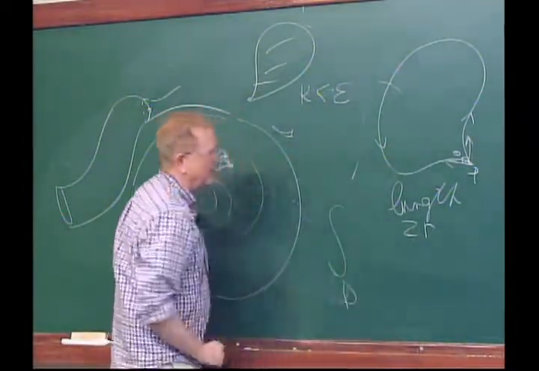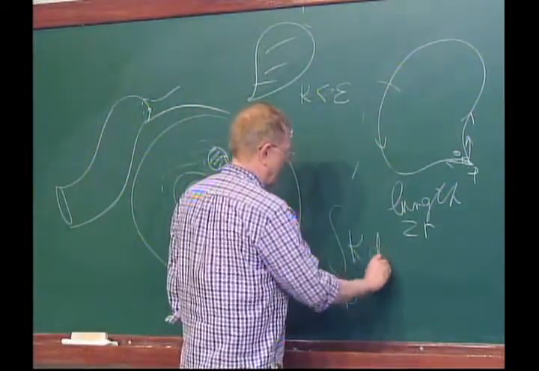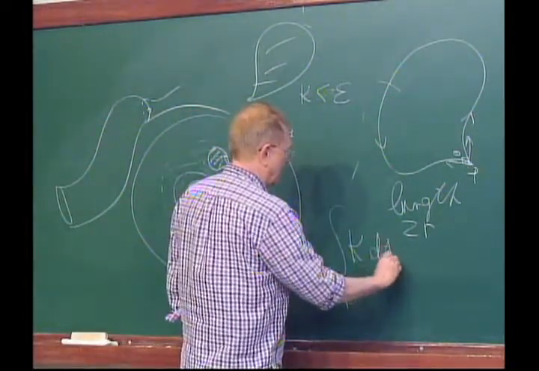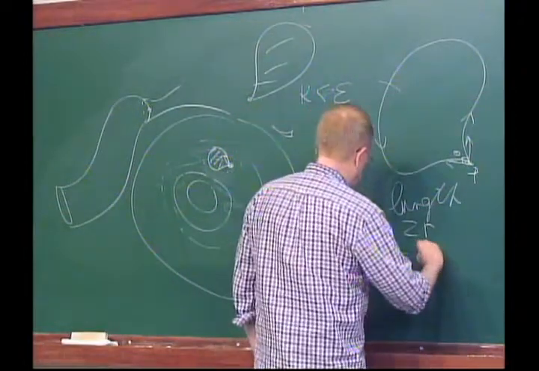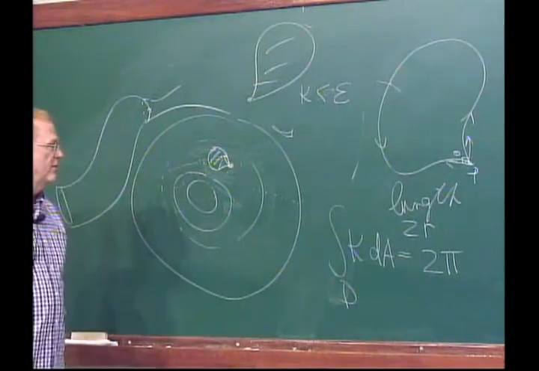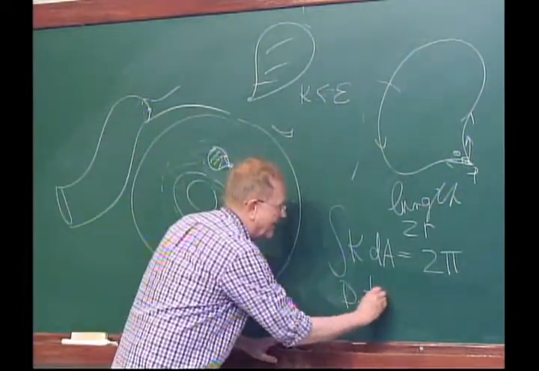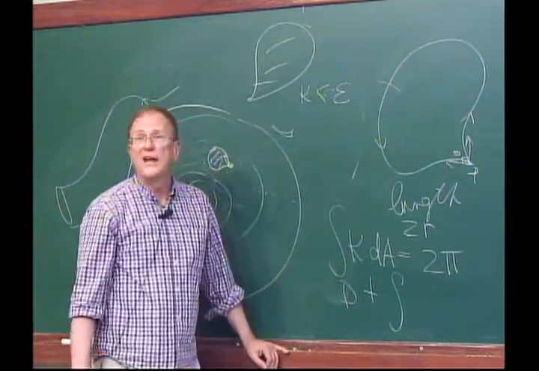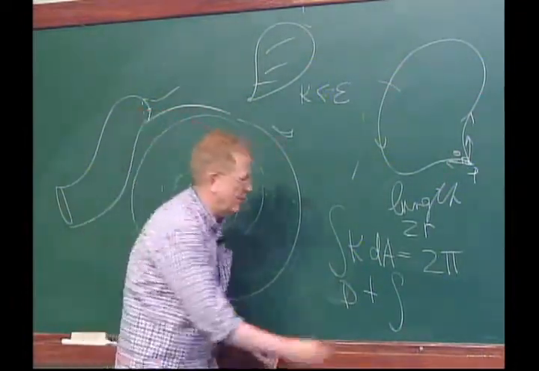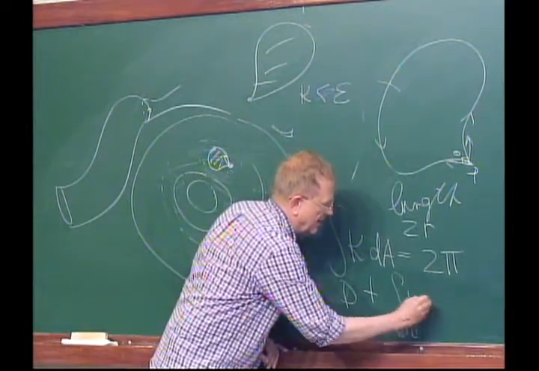So we have our disk here, and the integral of K dA is going to be 2 pi times the Euler characteristic, which is 2 pi for a disk. In general, it's this plus the integral of the geodesic curvature of the boundary, kappa g ds, over the boundary of the disk.